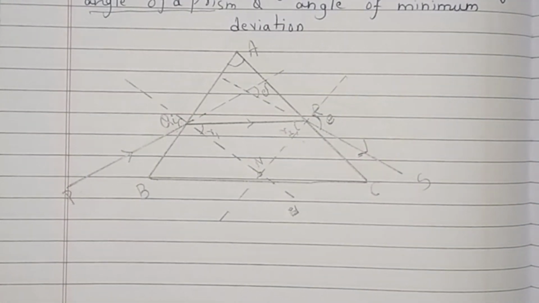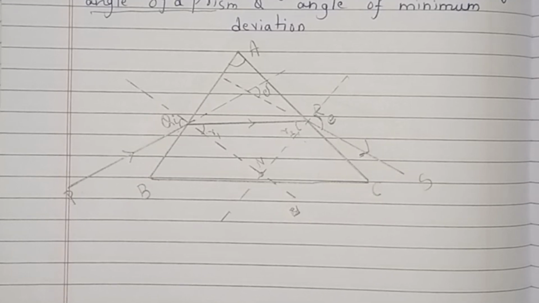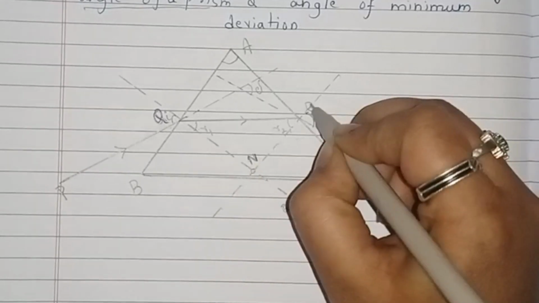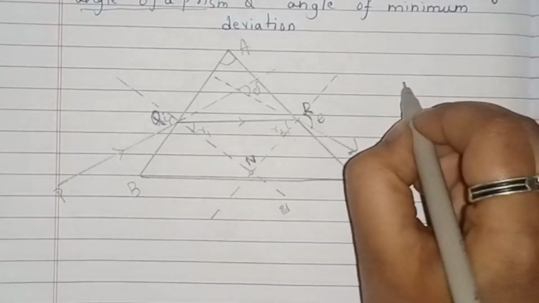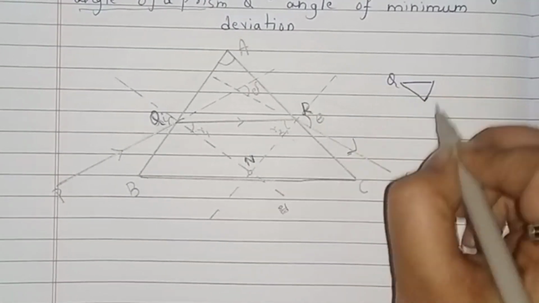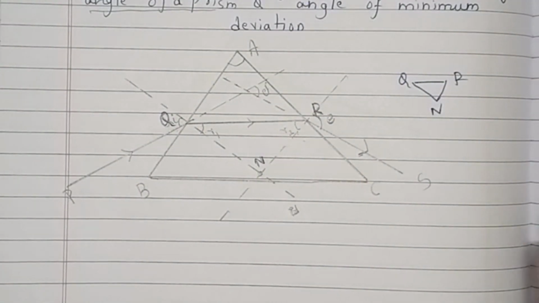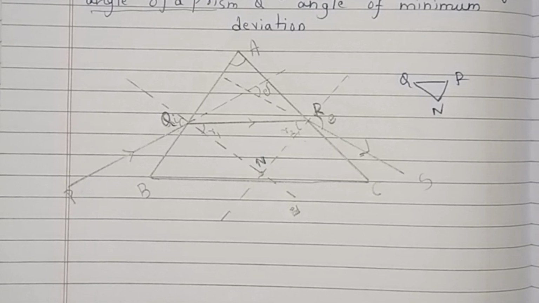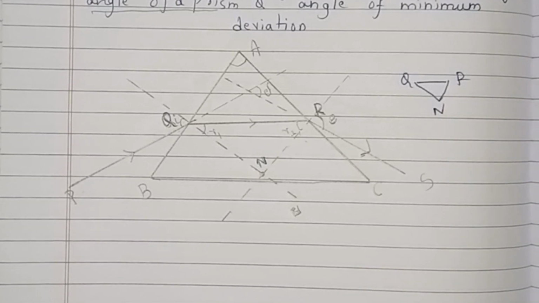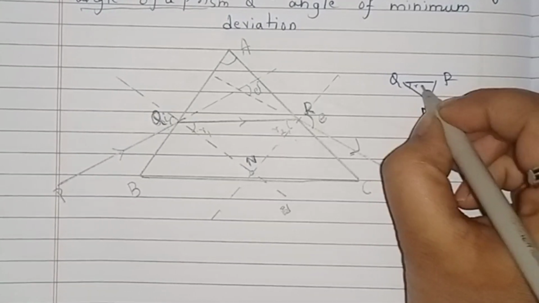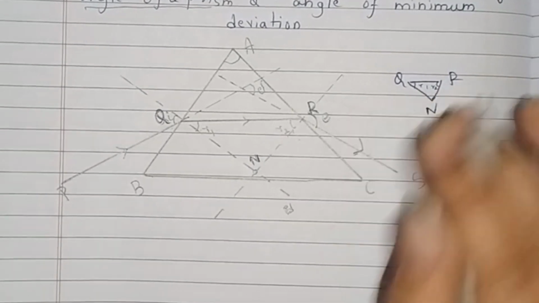Okay, so first we have to consider the triangle QNR. If you just draw so much, it is more than enough, and to make it clear, you can do this in the working column and not in the derivation. So QNR, Q is R1, R is R2 and N we don't know.